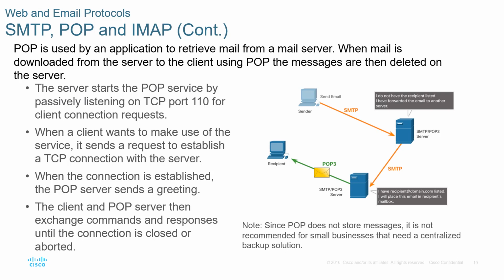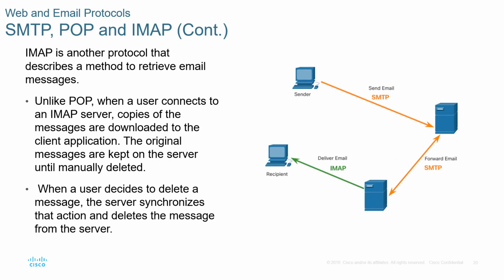It is not recommended for small businesses at all. The appropriate choice would be IMAP. IMAP is going to be the main protocol. Here, I know it doesn't quite say mail delivery agent, mail transfer agent, or whatnot, but these are things that you need to know for the exam.